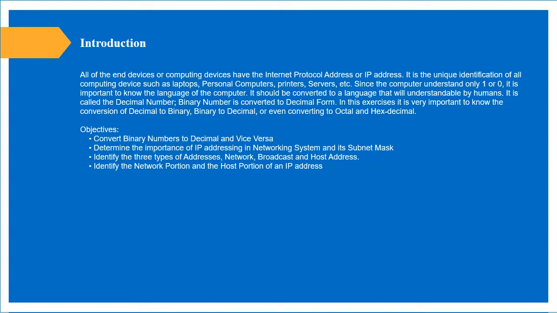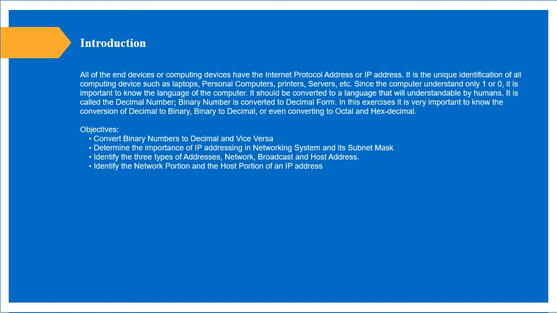All end devices or computing devices have an Internet Protocol or IP address. It is the unique identification of all computing devices such as laptops, personal computers, printers, servers, etc. Since the computer understands only ones or zeros, it is important to know the language of the computer.